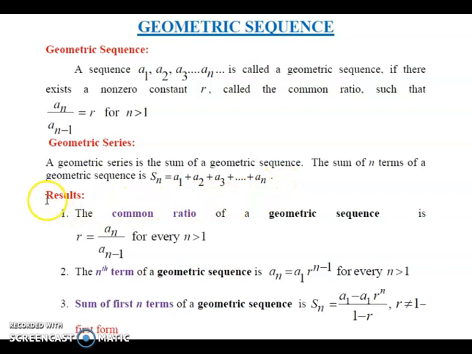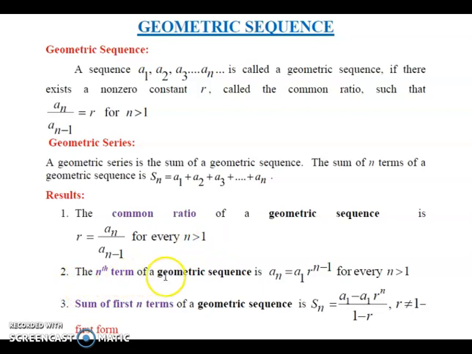Now some results on geometric sequence. The common ratio of a geometric sequence is r is equal to an divided by an minus 1 for every n greater than 1.